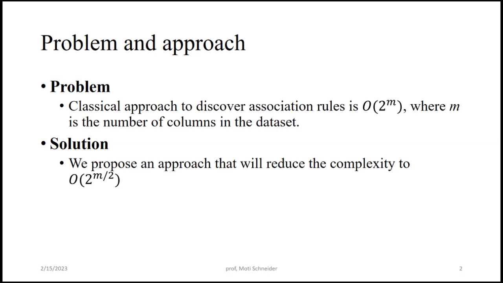I will propose a solution that will take a square root of this complexity. The beauty, in my opinion, of this approach is that it is very simple, straightforward, and very easy to implement. So I hope you're going to like it as much as I do.